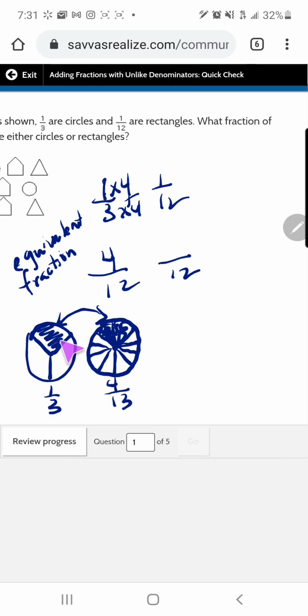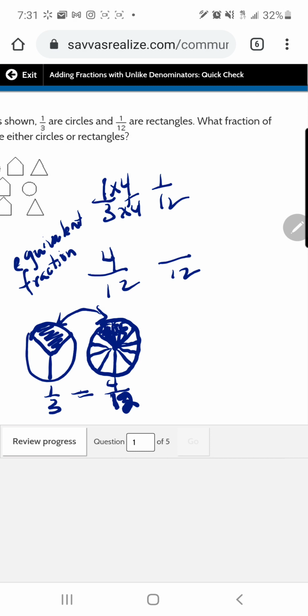Because look at the model. The size of the pieces is different, you see? So it would be a lot easier if we could find a way where we could make those pieces equal to each other. You see that? And that's exactly what I'm doing here, is that I'm saying that 1/3 is exactly the same thing as 4/12.